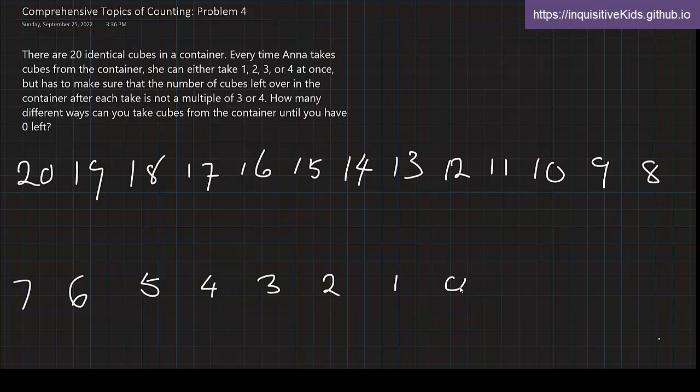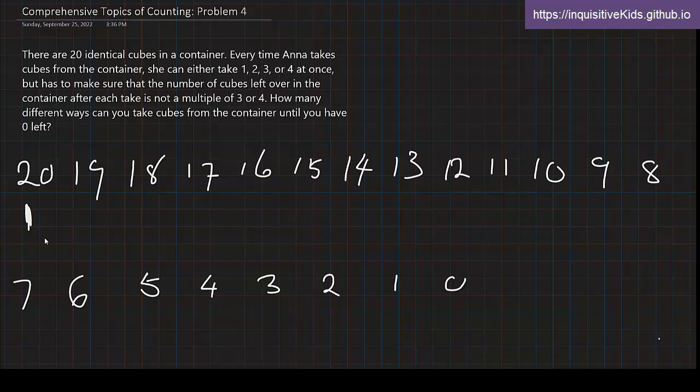So can there be 20 cubes left over? That could be, so there's one possibility. I'll write 1 in bold beneath that to show there's one possibility of there being 20 left over.